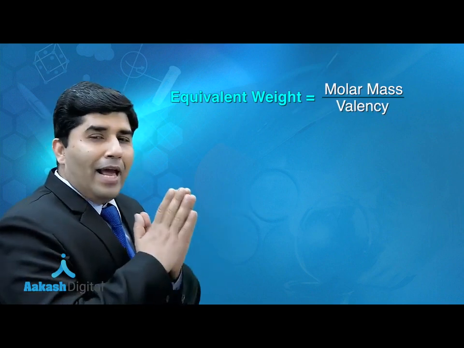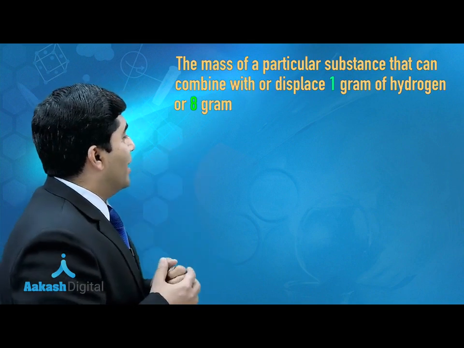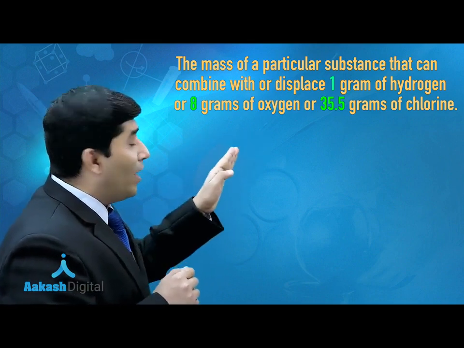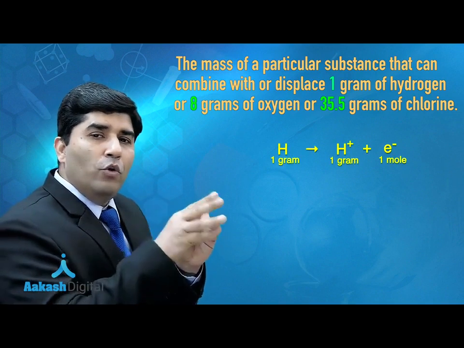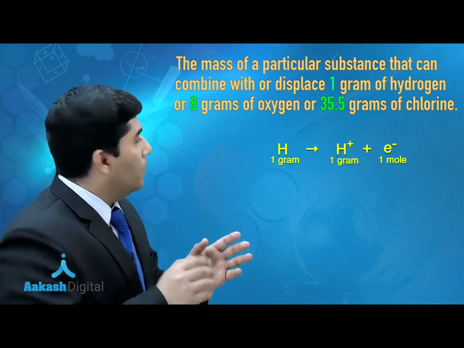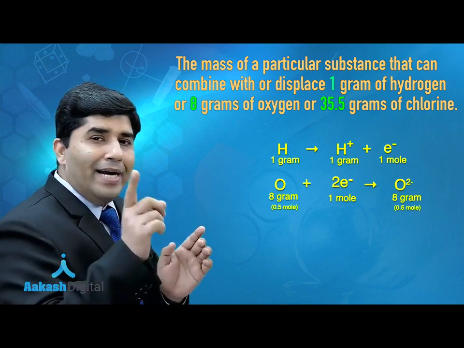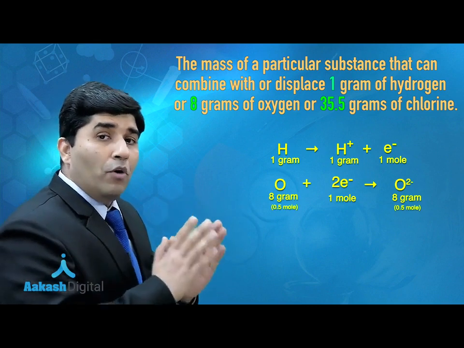According to the definition of equivalent weight, it is the mass of the substance which can displace or react with 1 gram of hydrogen. 1 gram of hydrogen will lose 1 mole of electron, and 8 gram of oxygen, again we discussed, will accept 1 mole of electron.